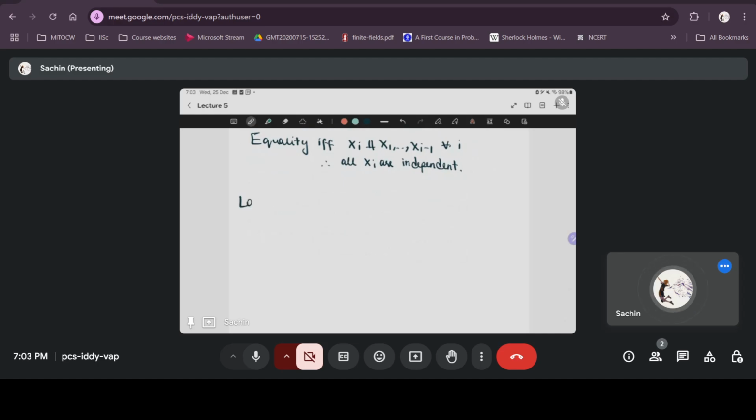Now we come to an inequality which we call the log sum inequality.